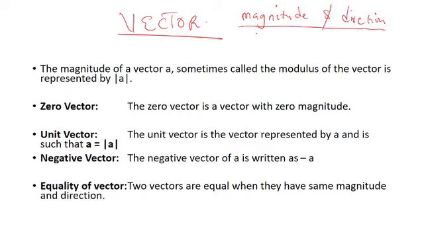Now, talking about the magnitude of a vector, sometimes called the modulus of a vector, it is represented as the absolute value of such vector.